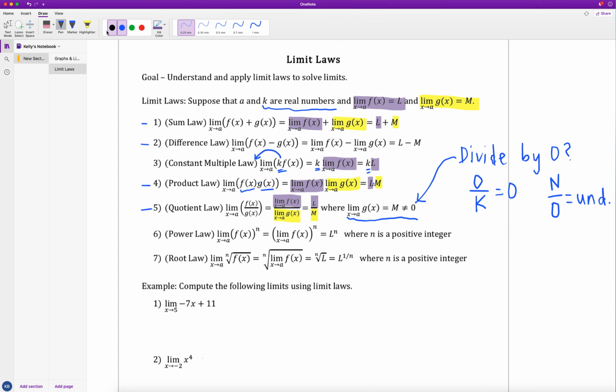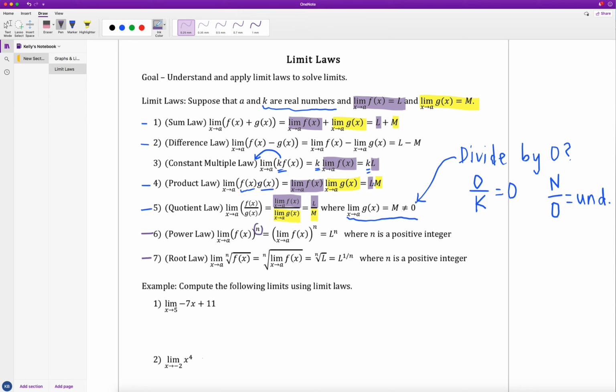Okay, the power and the root law kind of go hand in hand together as well, so I'm going to group those two together. The power law says if I have the limit of a function raised to a power, that would be the same thing as instead of having the power inside the limit, I could do the limit of the function all raised to the power.